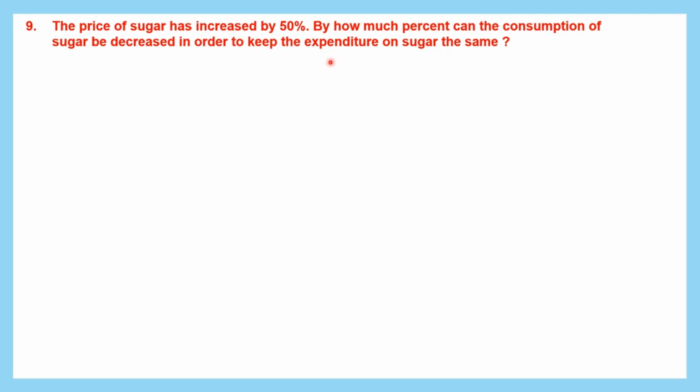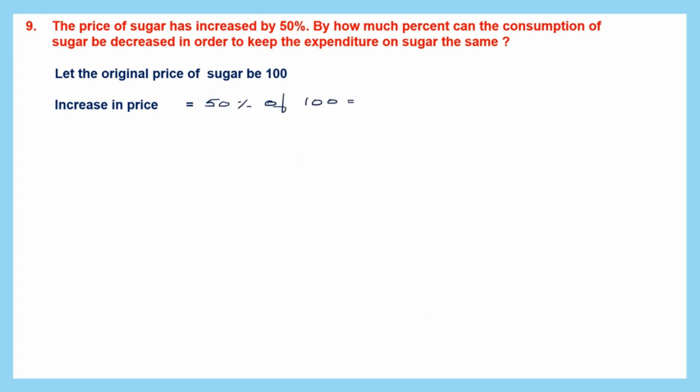Now how do they do that? What is the percent that they should decrease it by? So let the original price of sugar be 100. Then the increase in price will be 50% of this 100. That is the increase, isn't it? So that is 50% of 100, and that is 50 by 100 into 100. Here we can cancel the 100 and 100.